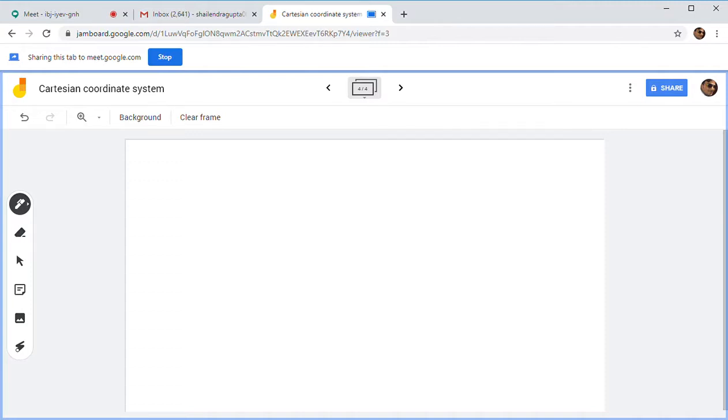We are going to study the Cartesian coordinate system. You need to check the spelling of this Cartesian.